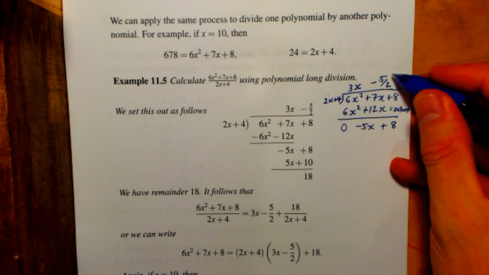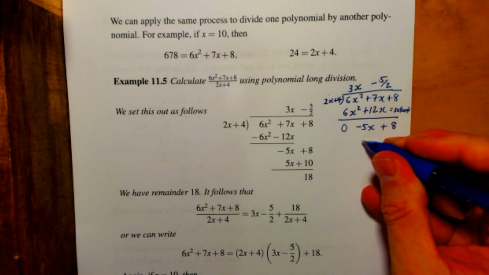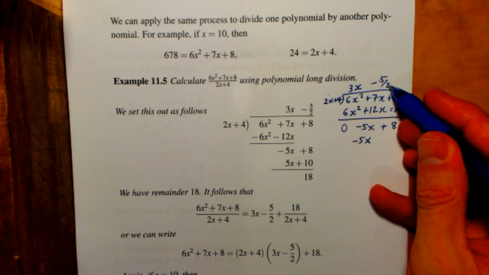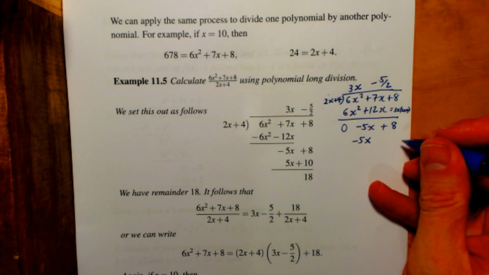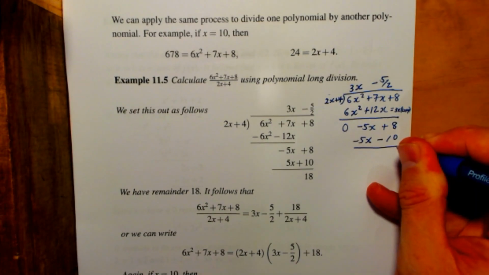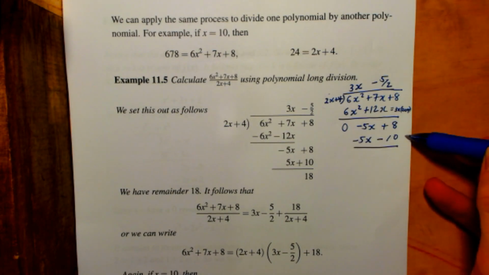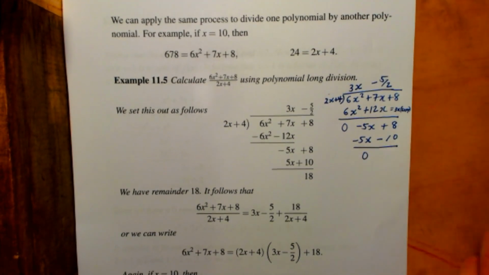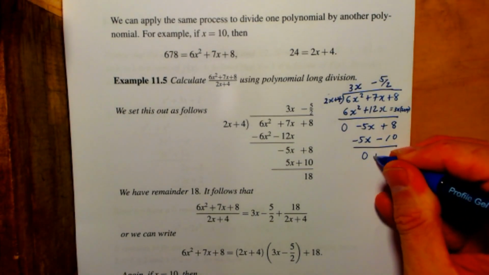Okay, and so now we take this, we multiply by the whole thing over here, and so we get minus 5x, and then minus 5 over 2 times 4 is minus 5 times 2 is minus 10. Okay, I draw a line, and now I'm going to take a difference. All right, so this minus this, which would be minus 5x plus 5x is 0. That's 8 minus 10, which is 8 plus 10 is 18.